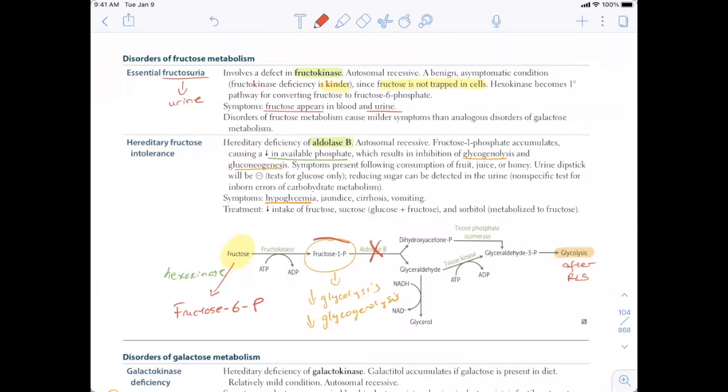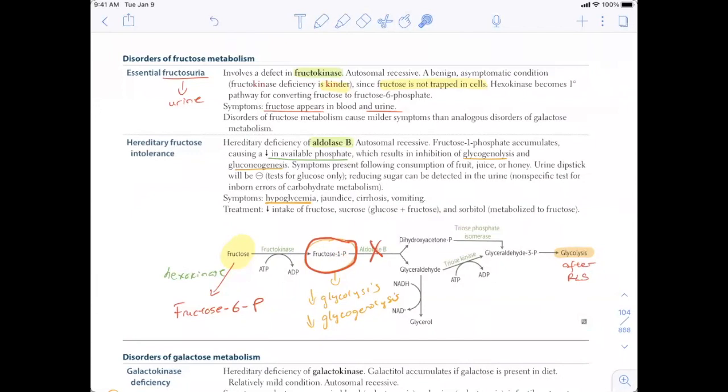Fructose 1-phosphate. The message here is there's a difference between wasting just fructose versus wasting fructose and phosphates. The difference between fructose and fructose 1-phosphate is there is a phosphate here.